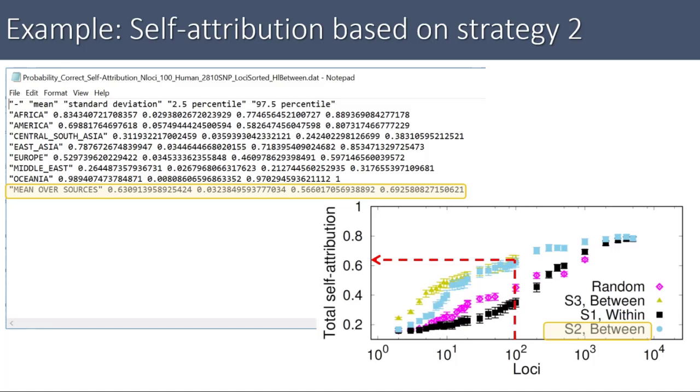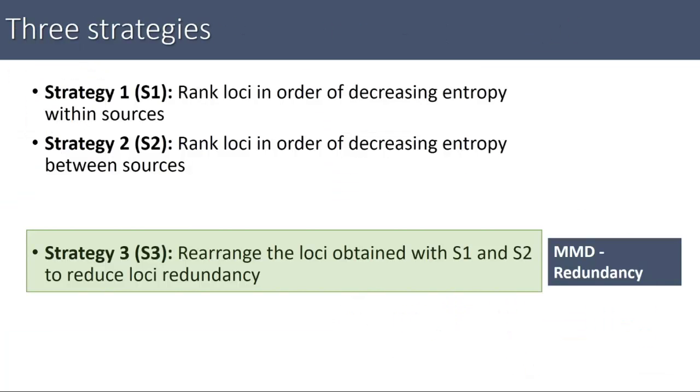The effect of selecting informative loci is even more drastic for the Campylobacter dataset used in tutorials 1 and 2. In this case, one can see that selecting around 10 loci is enough to obtain a very good self-attribution probability.